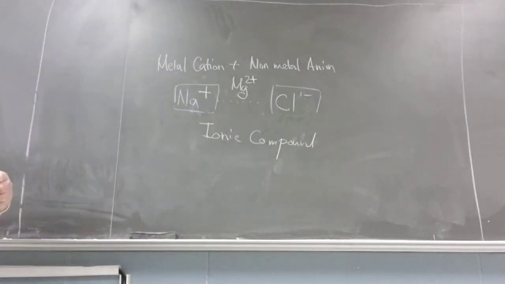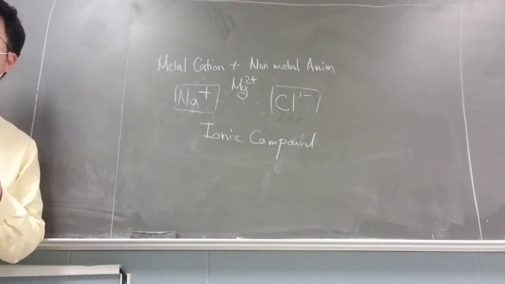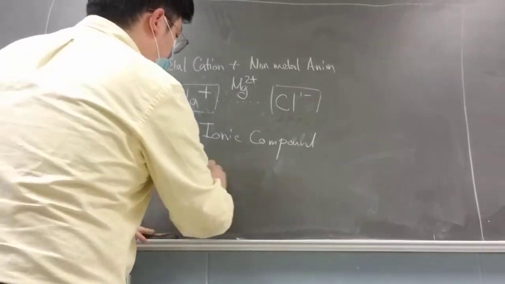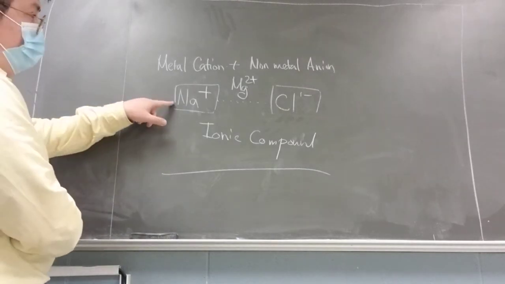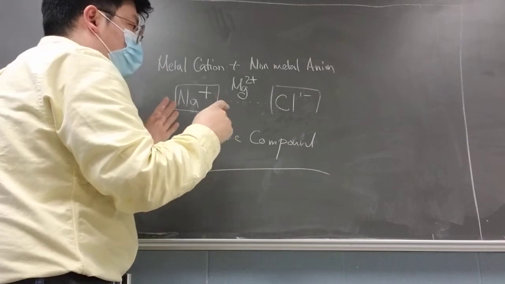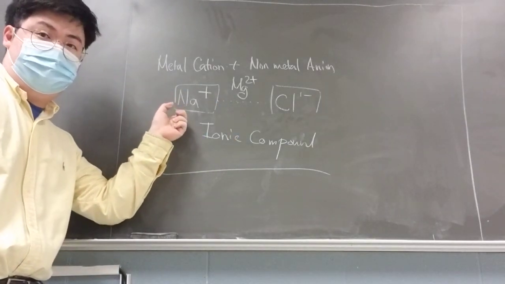And then here's the thing: whenever you try to name these ionic compounds, the only thing you need to know is very simple. This might be the simplest nomenclature you can do among all the chemical compounds. You see the NaCl, and whenever you try to name it, you always name the one on the left first.